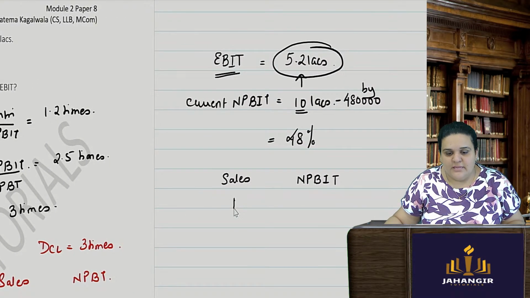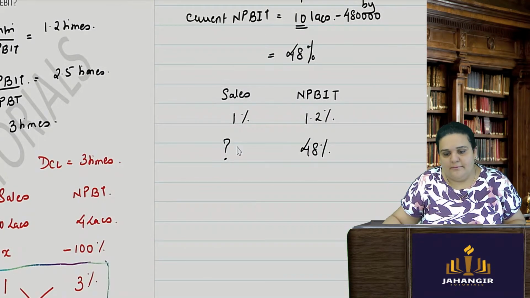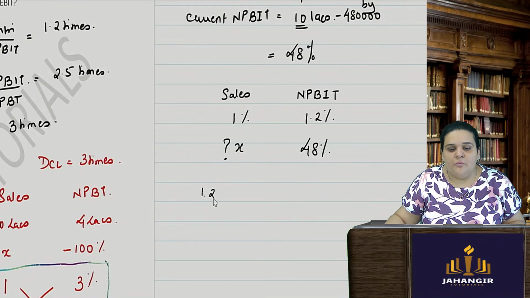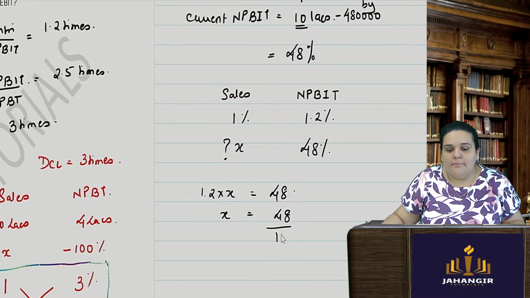So that means if sales increases or decreases by 1%, NPBIT is changing by 1.2 times. Now I know NPBIT is decreasing by 48%. So how much is my sales going to decrease by? I have to find that. So 1.2 into X is equal to 48%. So X is going to be equal to 48 upon 1.2, which is going to be 40%.